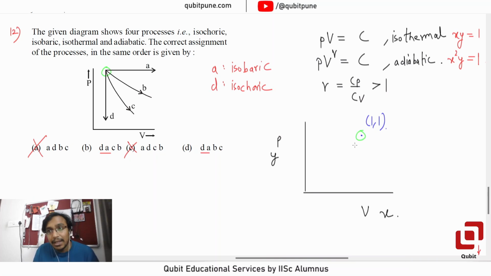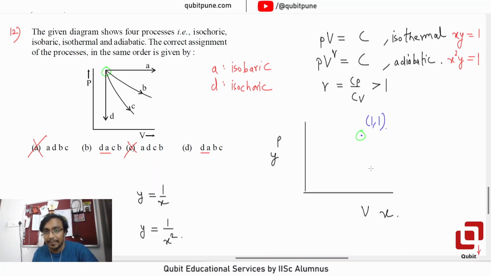Now look, isothermal means y equal to 1 upon x and adiabatic means y equal to 1 upon x squared. After 1, 1, which curve will be closer to the x-axis? x squared, because the larger the value of x, the greater the value of x squared, and therefore smaller the value of 1 upon x squared.